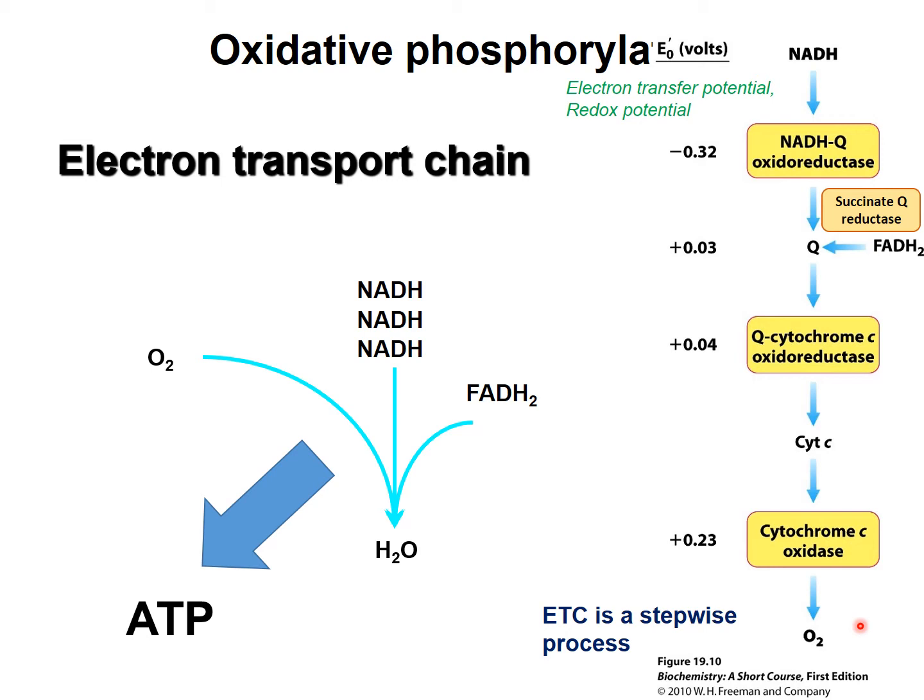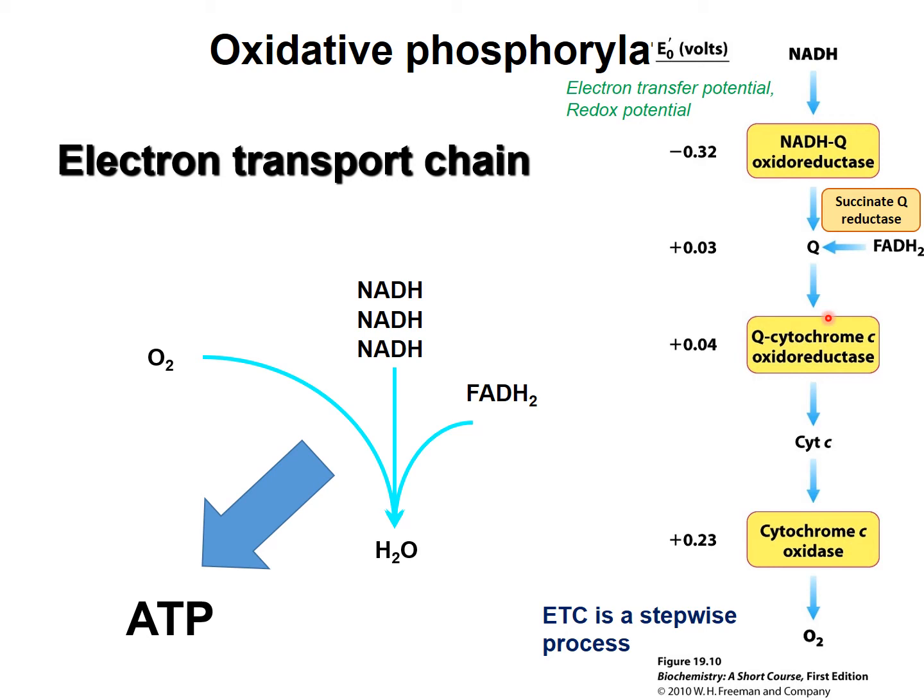So the problem is, how do we make sure that the electrons will follow the right sequence? Well, it all depends on the electron transfer potential of each component, which is also known as the redox potential. When a component has a negative redox potential, it means it has a higher tendency to donate its electron as compared to a component with a positive or higher redox potential, which means the tendency to keep the electron.